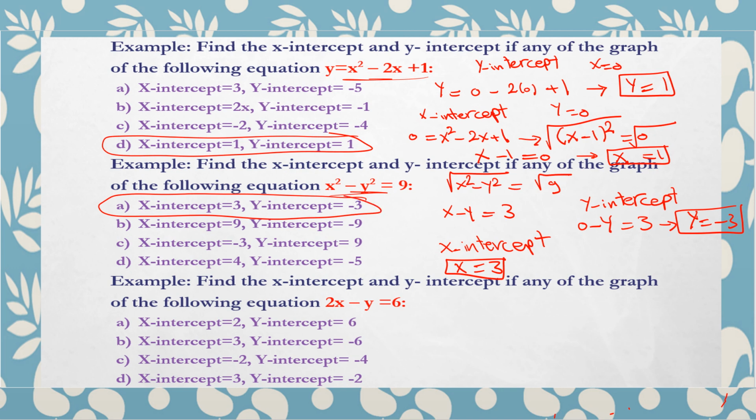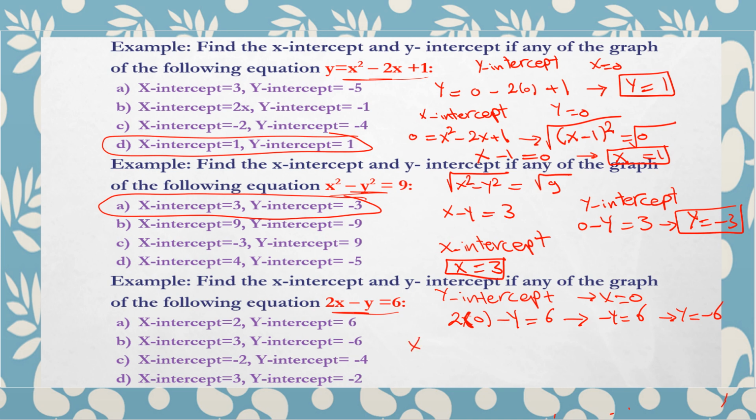Again, find the x-intercept and y-intercept for the following equation. So the y-intercept: x equals 0. This equals 2x minus y equals 6. So minus y equals 6. y equals minus 6.